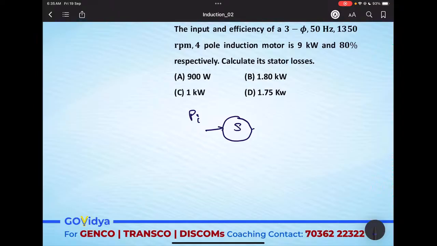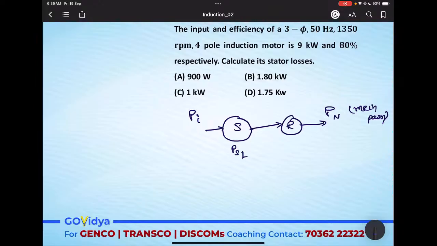From stator it is transferred to the rotor. From rotor it develops the mechanical power. In between, what are the different losses that occur? In stator, copper losses will be there. This will be the stator losses.